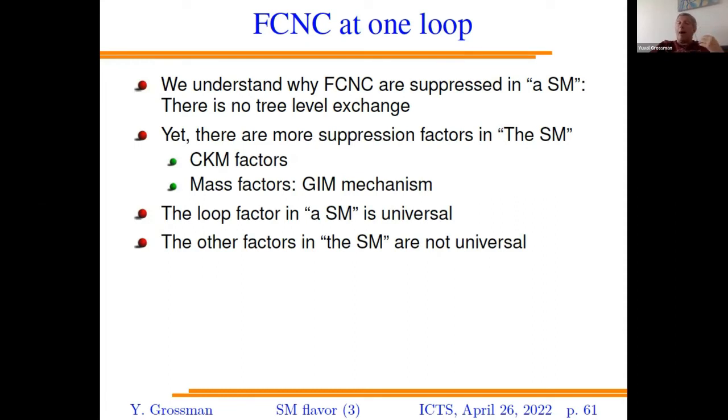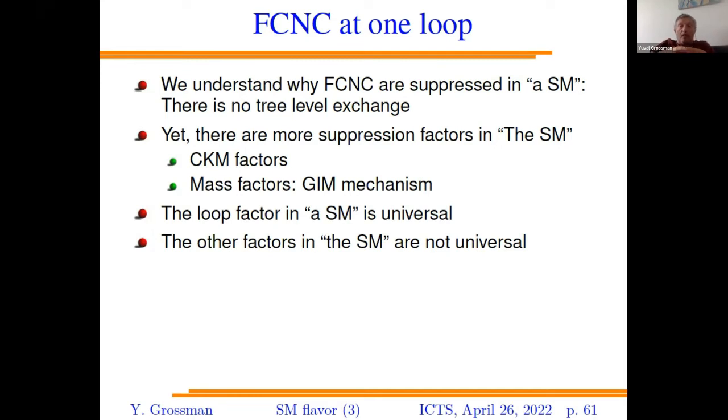And there are also mass factors, and that's also something we talked about, the fact that the masses in the standard model have a hierarchy. These mass factors give us an extra suppression factor, and that goes under the name of the GIM mechanism.